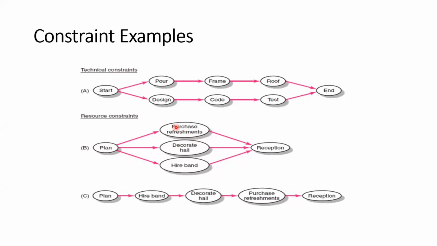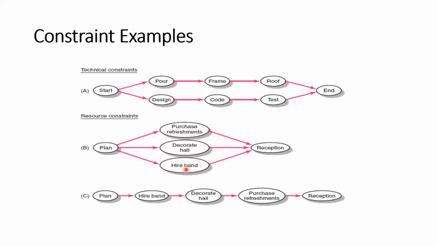Assume that one person is planning to have their wedding next year. They have to purchase some refreshments, decorate the hall, and hire a band. Those are some of the activities they have to do when planning their wedding for next year.